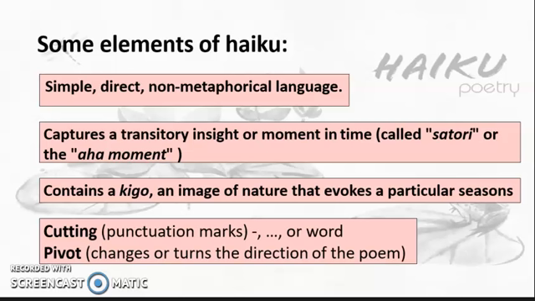Both sections must enrich the understanding of the other one. It uses punctuation marks like a dash or ellipsis. Now, pivot words, or word pivoting, change or turn the direction of the poem in some way.